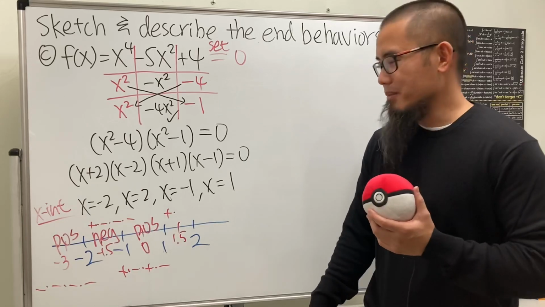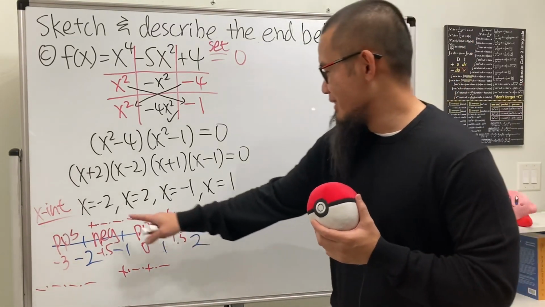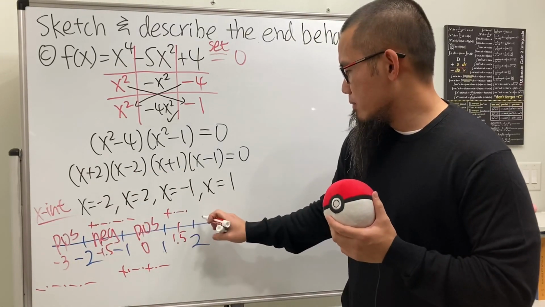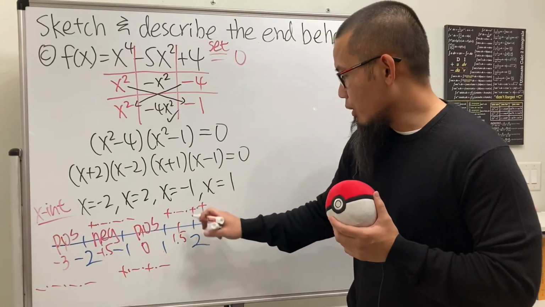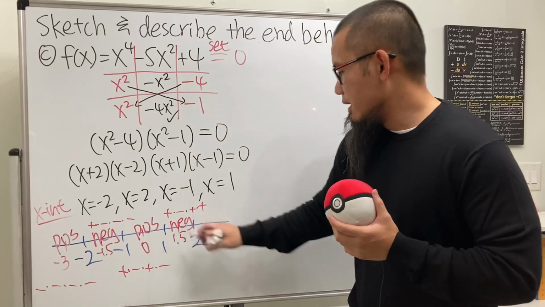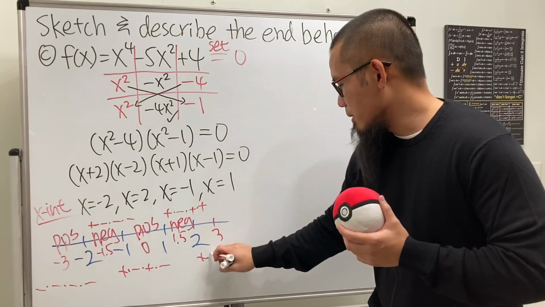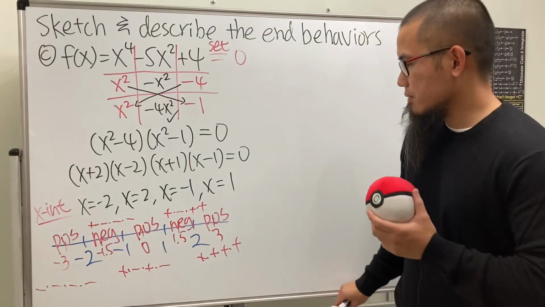Just check out part A. But anyway, 1.5 into here is positive, and then we get negative, and then positive, and then positive. So all in all, we get negative. And lastly, let's say 3, positive everybody, right? So positive, positive, positive, positive, and of course, just positive.